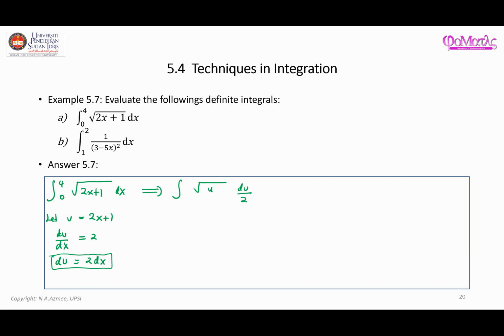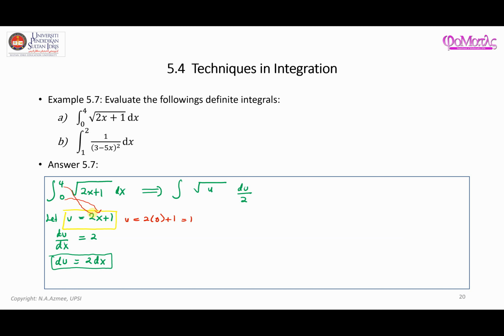I'm just ignoring the limit for the time being. Or actually you can just change the limit, it doesn't matter. So based on this, if x is 0, then u will be equal to 2 times 0 plus 1, which is 1.